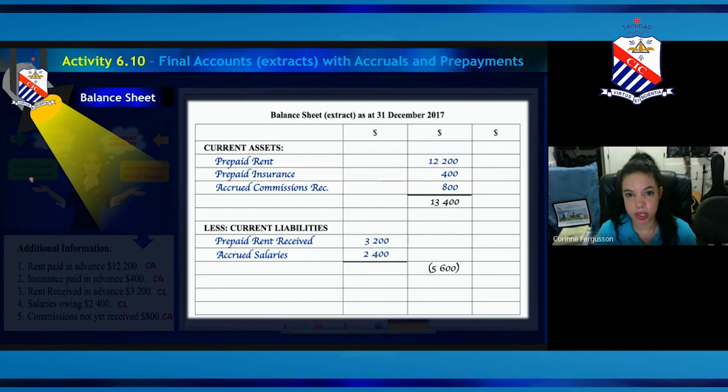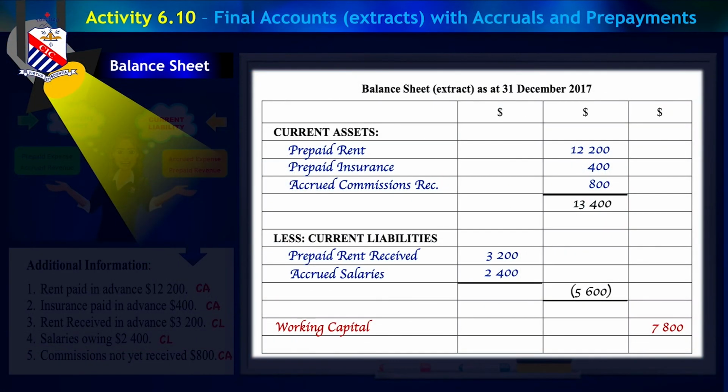And if we were to be doing an extract, and they usually ask you to show the working capital, just remember that your working capital is just your total current assets less your total current liabilities. And therefore your working capital would be 7,800. And this is your answer for 6.10, the balance sheet.